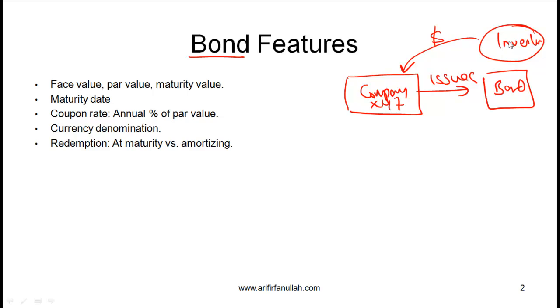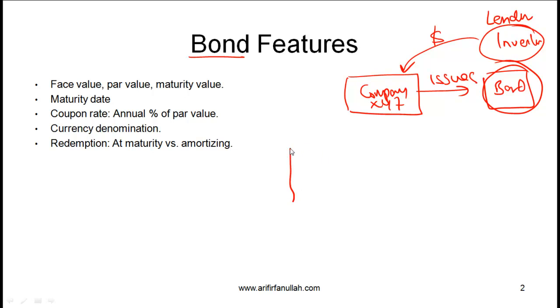So the bond investor is also called a lender, and the bond issuer is also sometimes called the borrower. So you need to have this terminology straight. Now, in terms of this bond which the investor now has, so this is his investment, what are some core or most significant features of this bond?